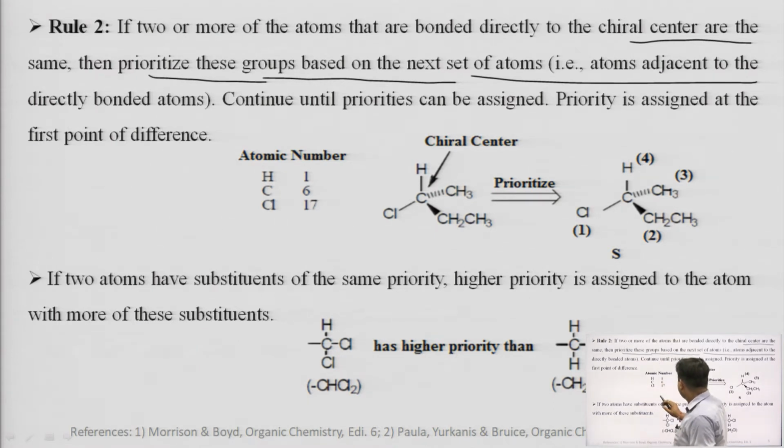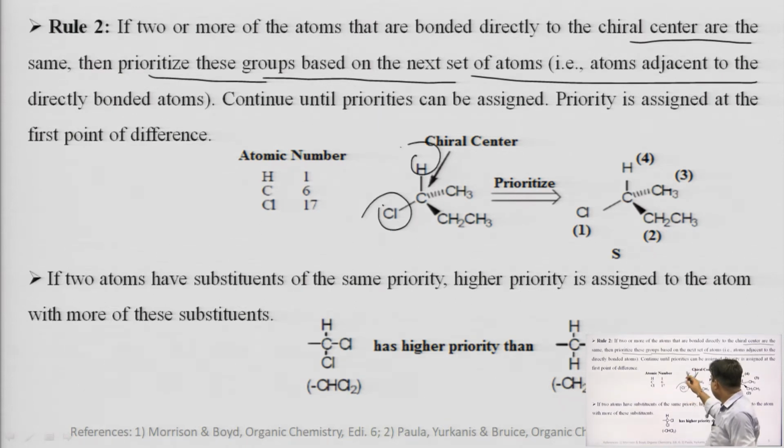For example, here you can see this carbon is a chiral carbon, having chlorine, hydrogen, again carbon and carbon. So, two same types of group are attached to this chiral carbon. This is the methyl carbon, this is the ethyl carbon.